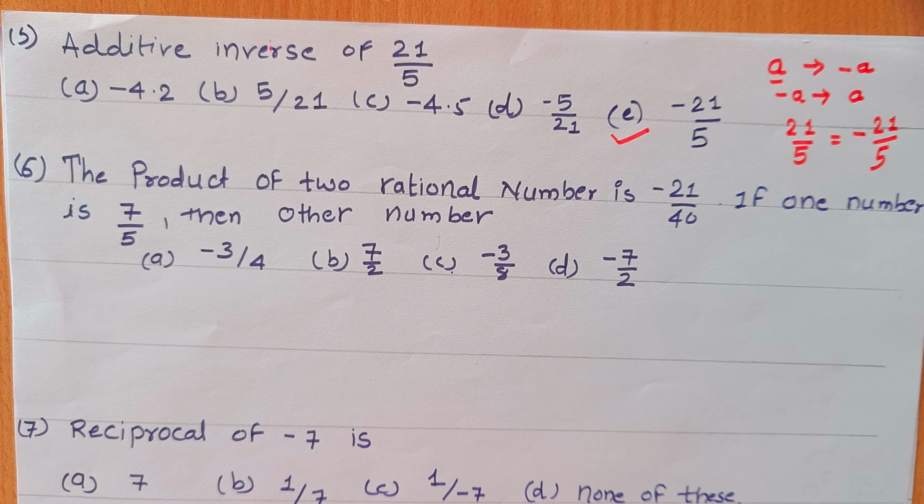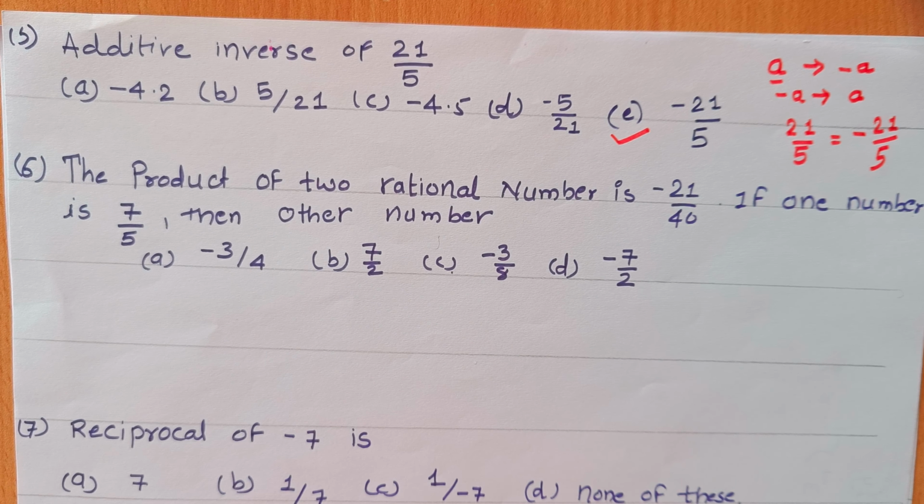Now let us assume the other number is x. Product means answer, the result after the multiplication. So here the result is minus 21 by 40. Therefore x is equal to minus 21 by 40.